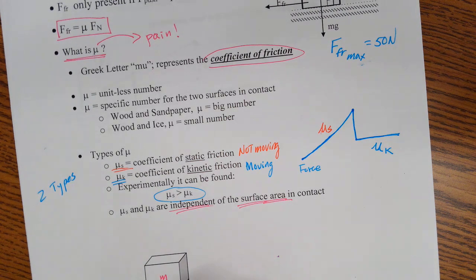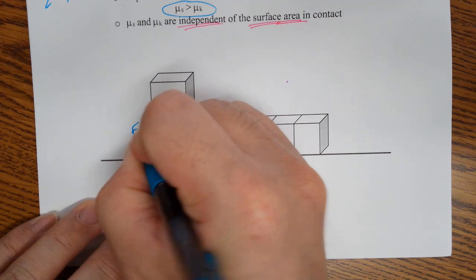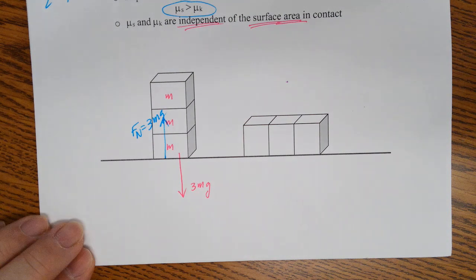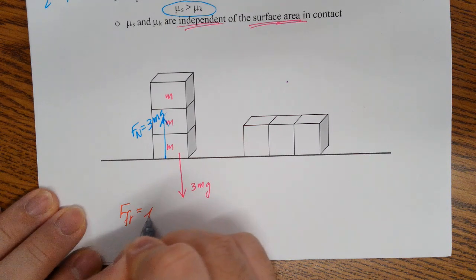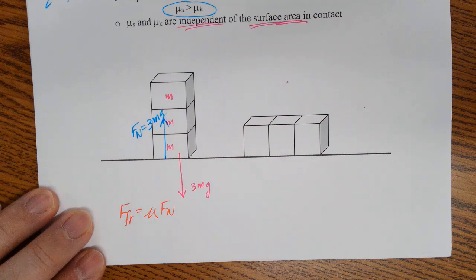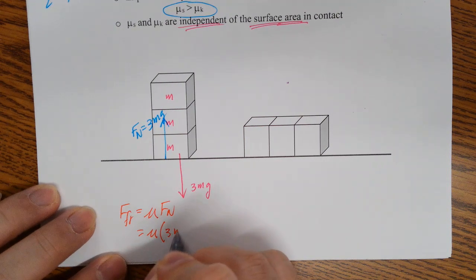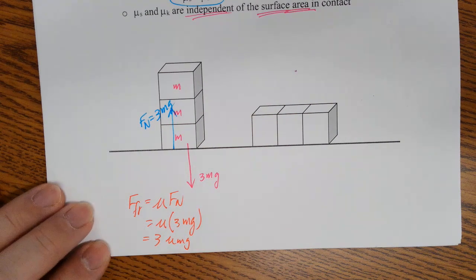Your Fg is just 3 times mg, and your normal force is 3 times mg. So if you calculate the friction, which is mu times F normal, this becomes mu times 3 mg, which is 3 mu mg.